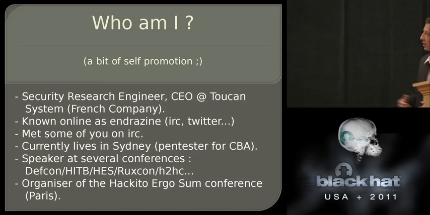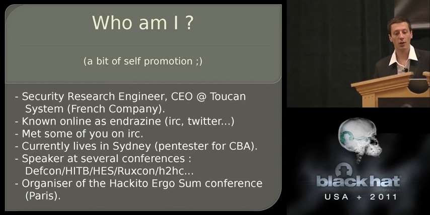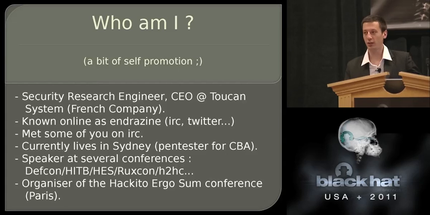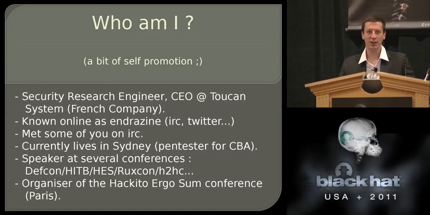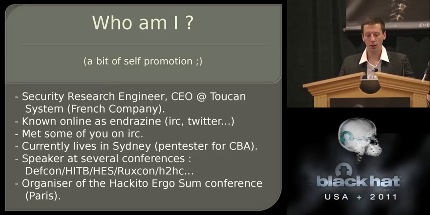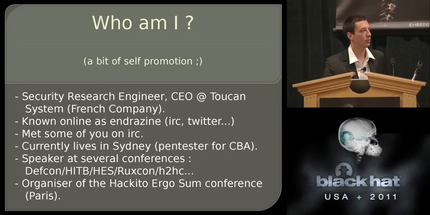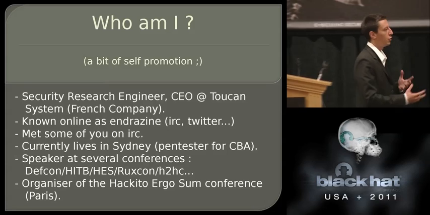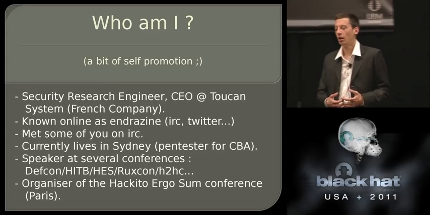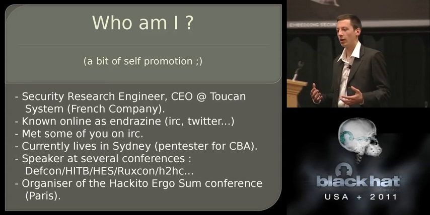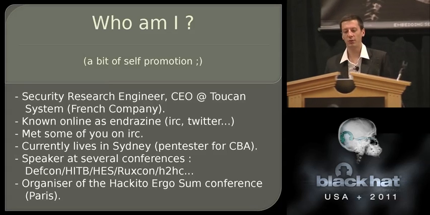So I currently live in Australia. I have my own company with a couple of friends in France. We work mostly for financial institutions, and it's a cross between pen testing and research. Our clients expect us to come up with absolutely new ways to find bugs in software.